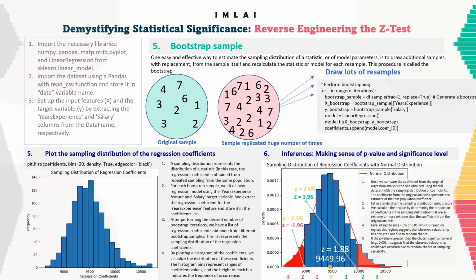That is the reason it's frequently occurring, because we have done a lot of shuffling of the data. That's what we did, right? So that is the reason the regression coefficients from 9,000 to 10,000, which have a higher probability, you can see the frequency of occurring is very high.